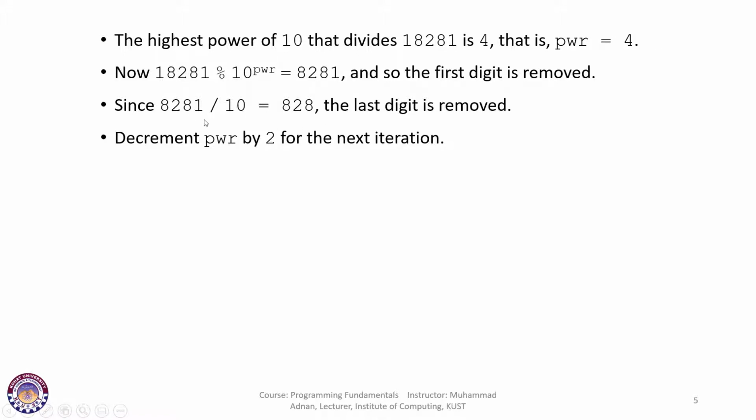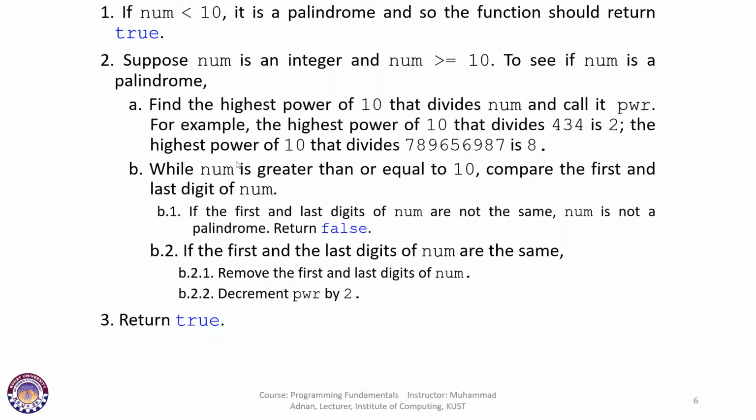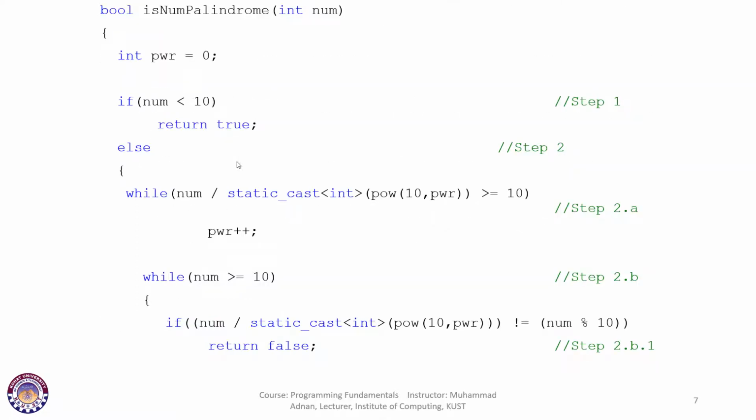To remove the last digit we divide by 10, and then the power is decremented by 2 for the next iteration. Then we discussed this problem step by step. These were the three main steps of finding whether a number is a palindrome or not.